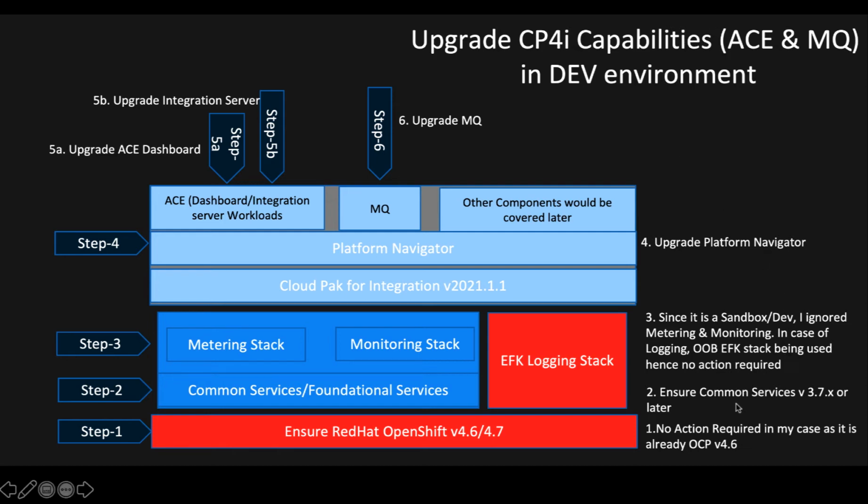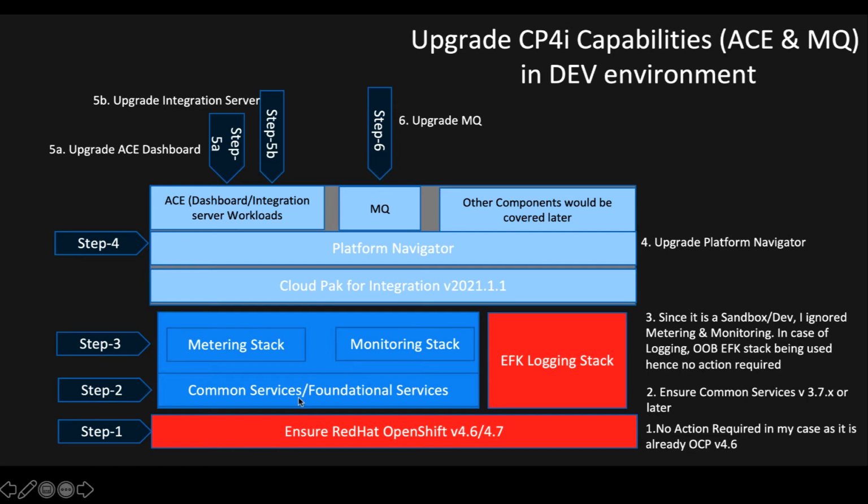In my case, I already have 4.6, so no action is required. If it is less than 4.6, please follow the Red Hat OpenShift version upgrade documentation to upgrade from a lower version to 4.6 or 4.7.